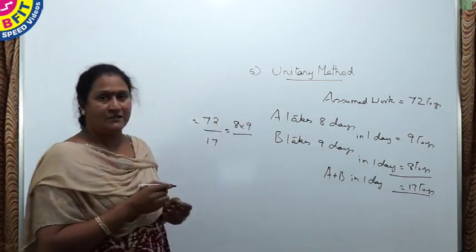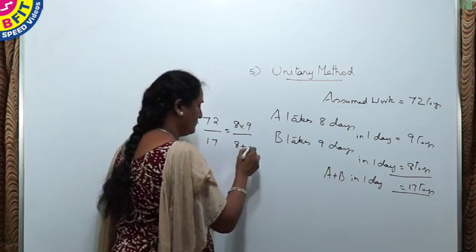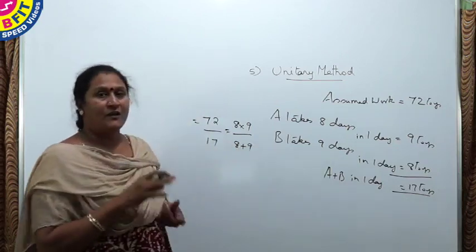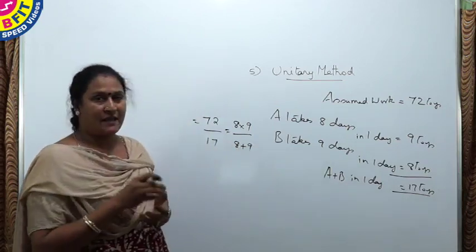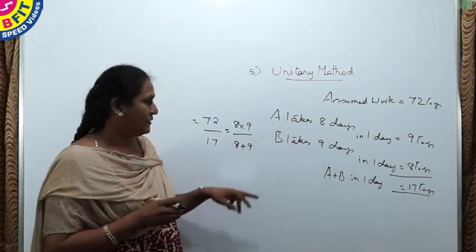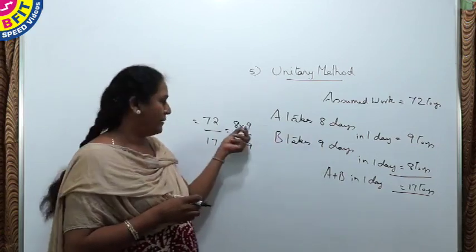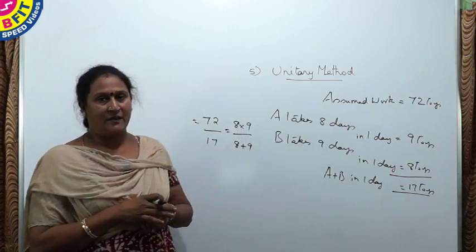And this 17 is got by adding 8 and 9. So whenever you have 2 persons, say A and B, taking 8 days and 9 days, for time taken together, you can find time taken will be product of time taken by sum of time taken.